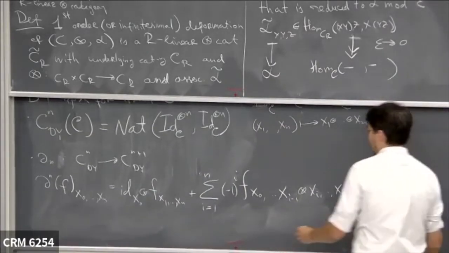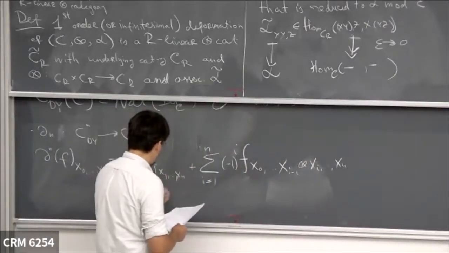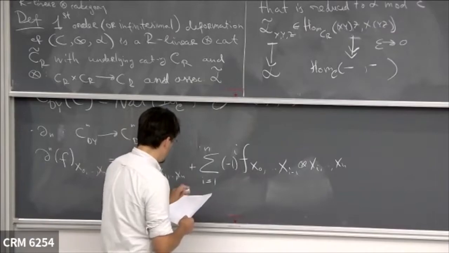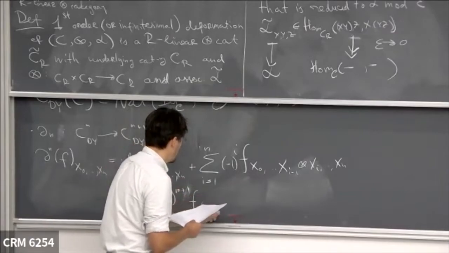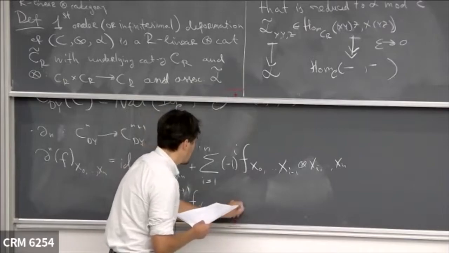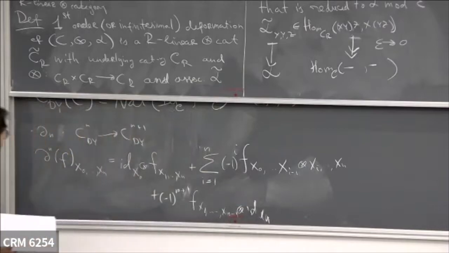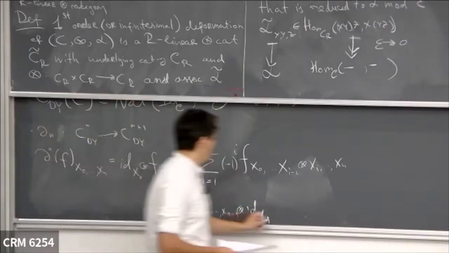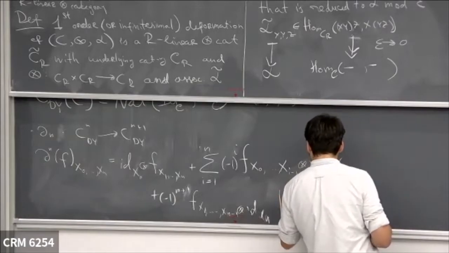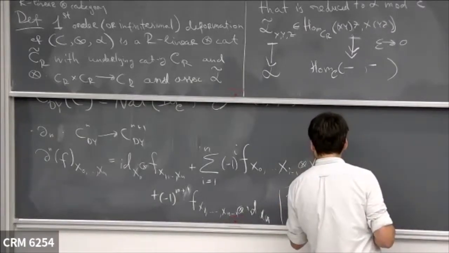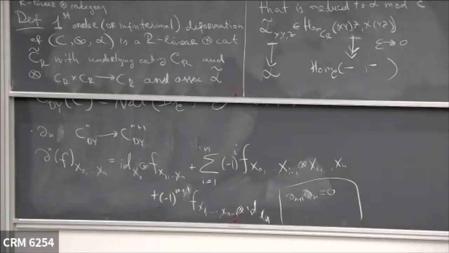And the last term will be minus 1 to the n plus 1, F of x0 to xn minus 1 tensor identity on xn. Right, so this is the differential. You can check that dn plus 1 composed with dn is 0. This is not that hard to check.